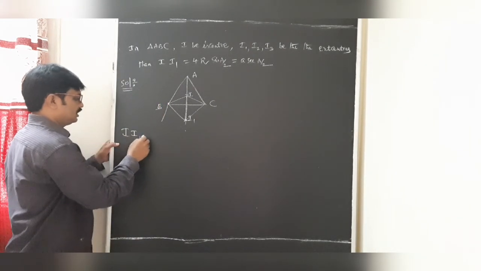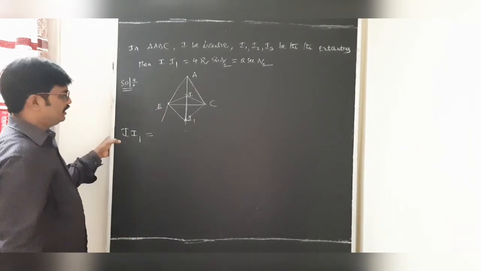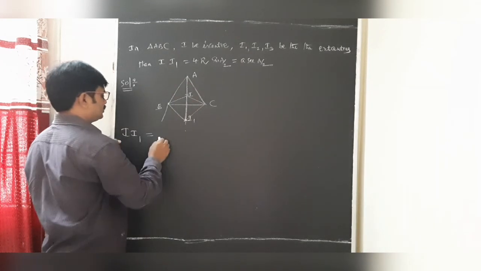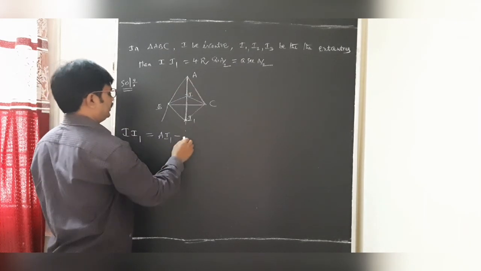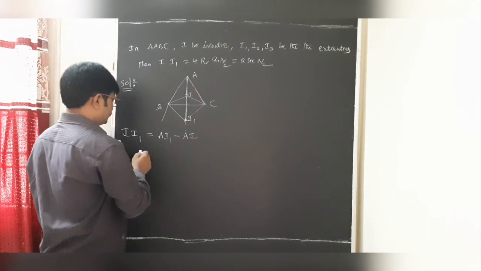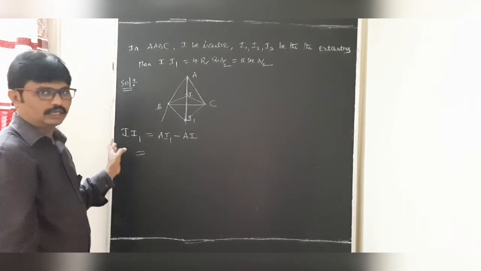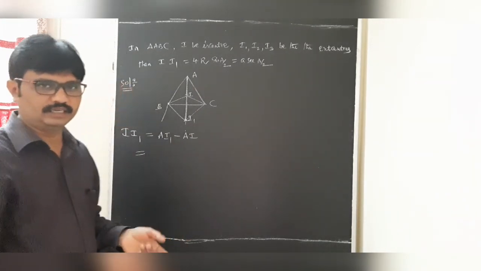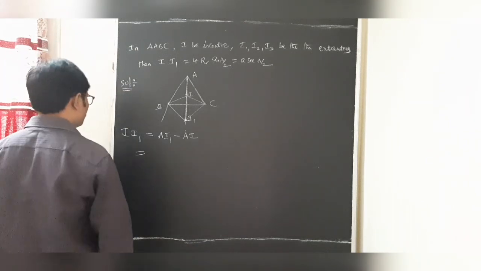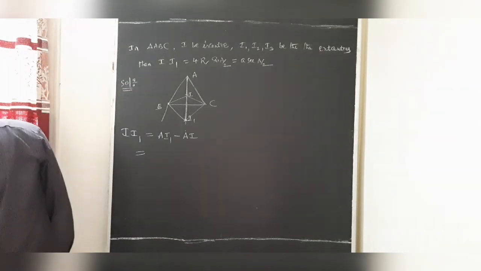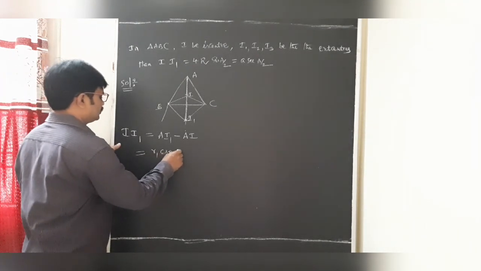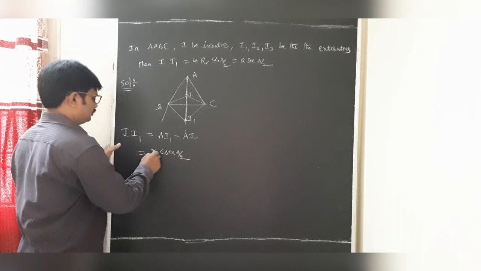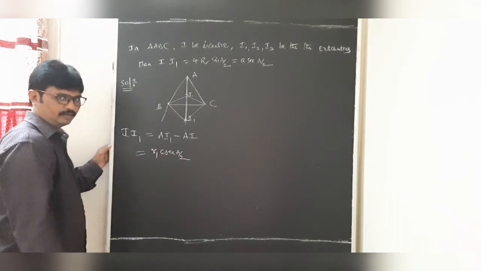So what is II1, students? II1 is nothing but the total AI1 minus AI. Just now we found the length of AI1, which is r1 cosecant A by 2.